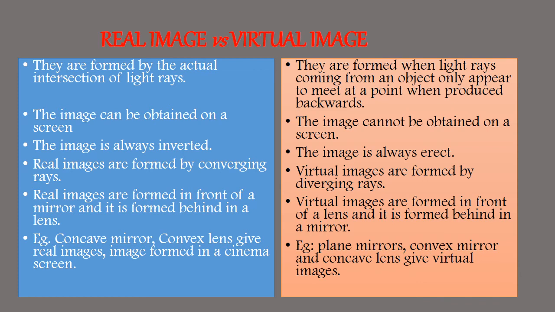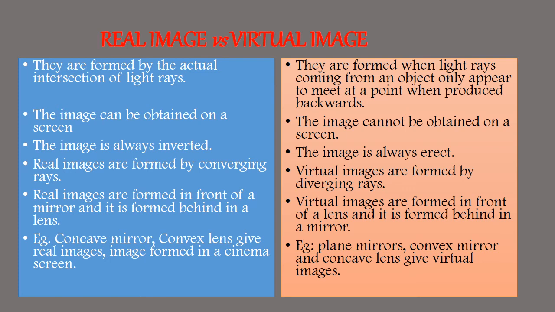So children, what are the differences between a real image and a virtual image? Let us go through. Real images are formed by the actual intersection of light rays, whereas virtual images are formed when light rays coming from an object only appear to meet at a point when produced backwards. The real image can be obtained on a screen, whereas virtual images cannot be obtained on a screen.